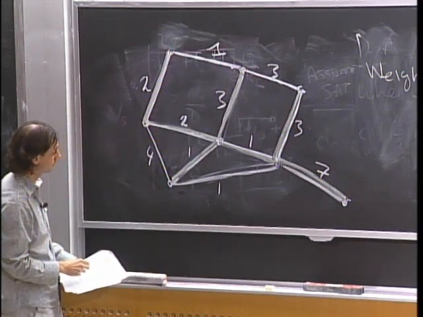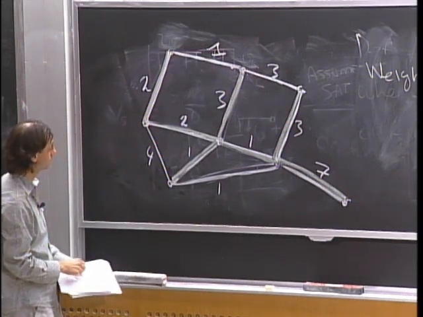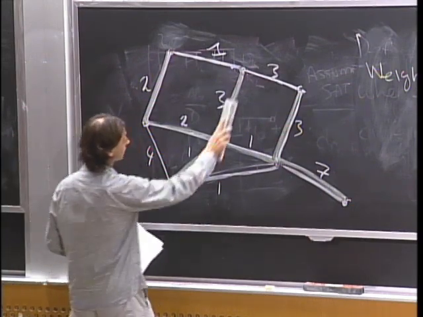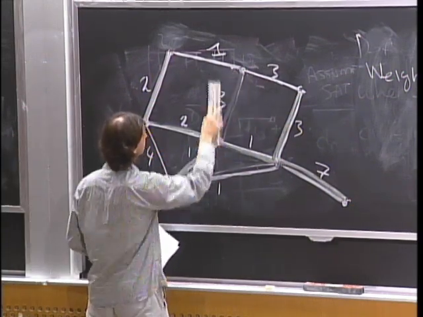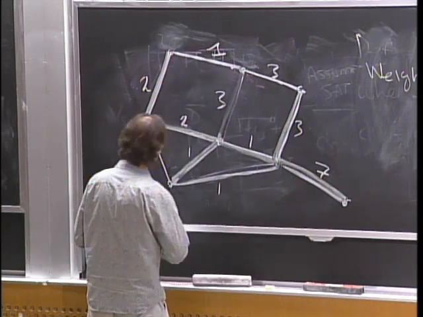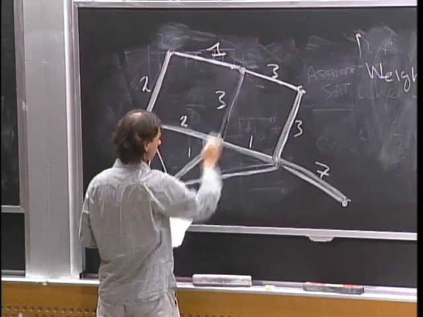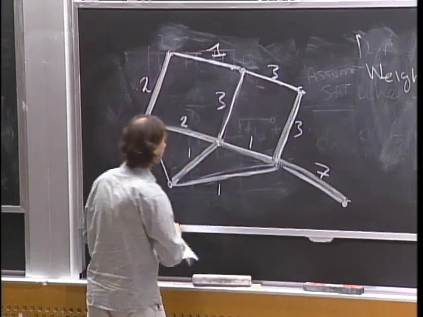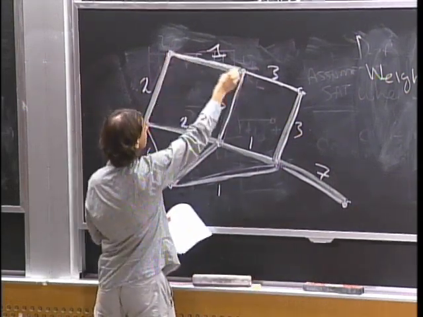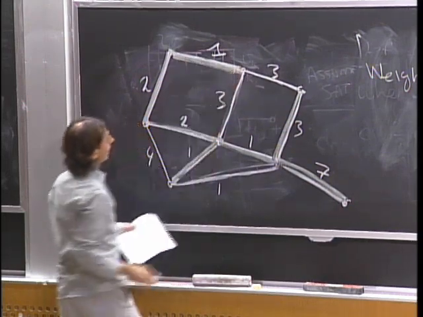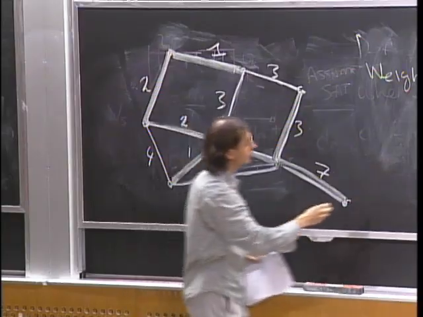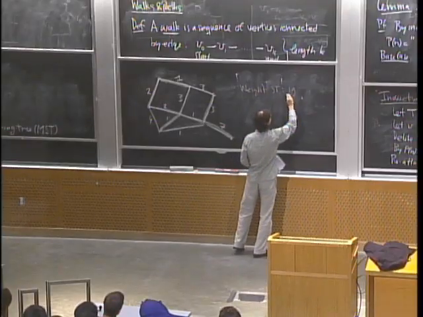If I do this, I actually improve the spanning tree construction. So I will get something that looks like this. And now we have replaced 3 by 1, so we get 17.